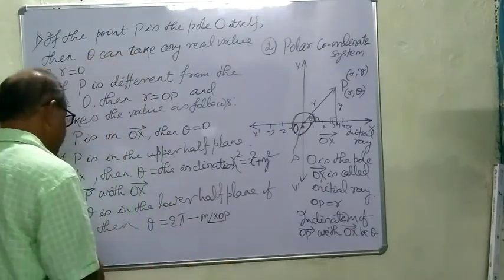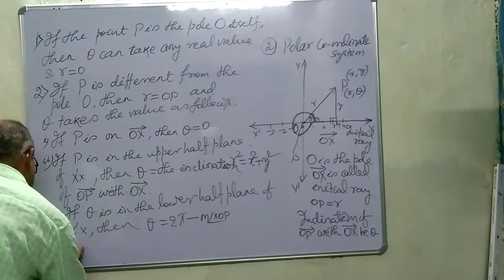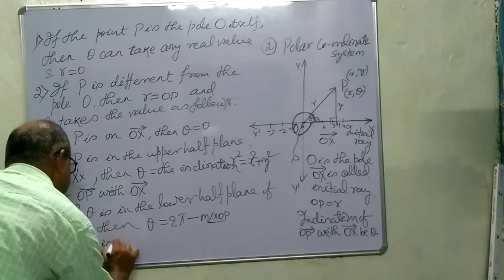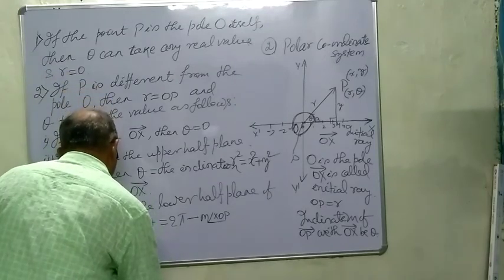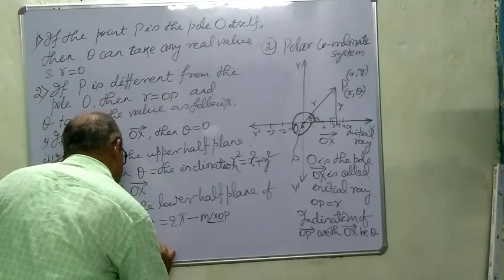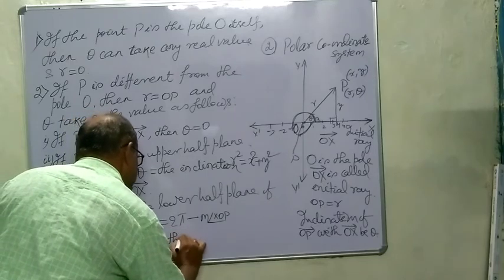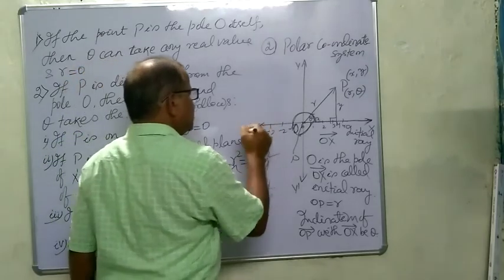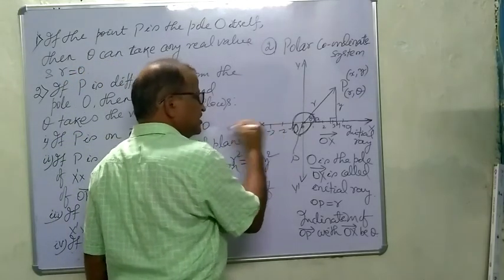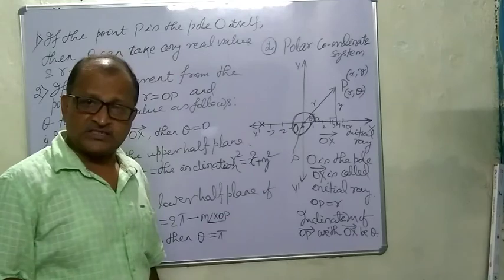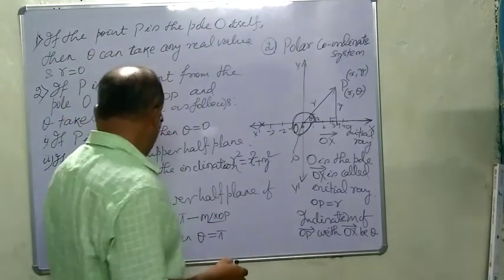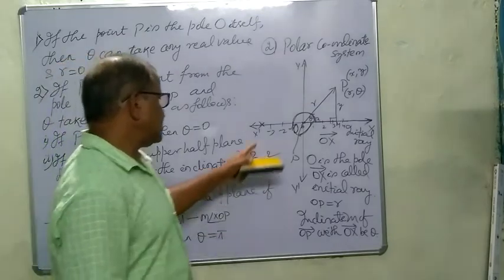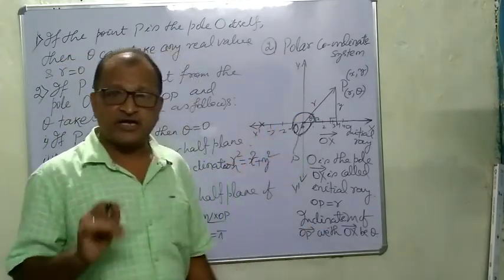Yes, one more thing. Number 5, suppose P is on OX dash, then theta is equal to pi. Here, suppose P is on the x-axis but on the negative side, OX dash, then theta will be taken as pi.